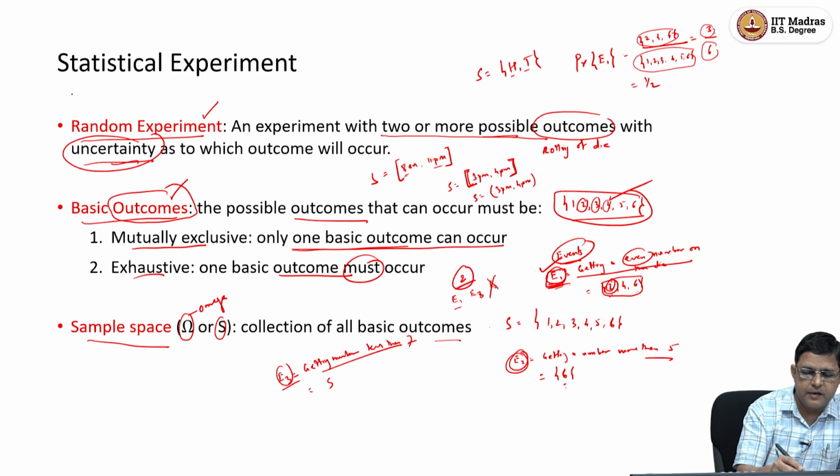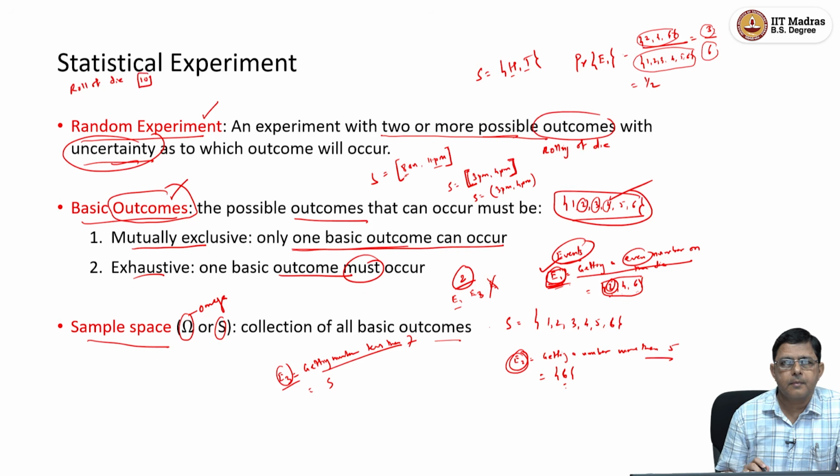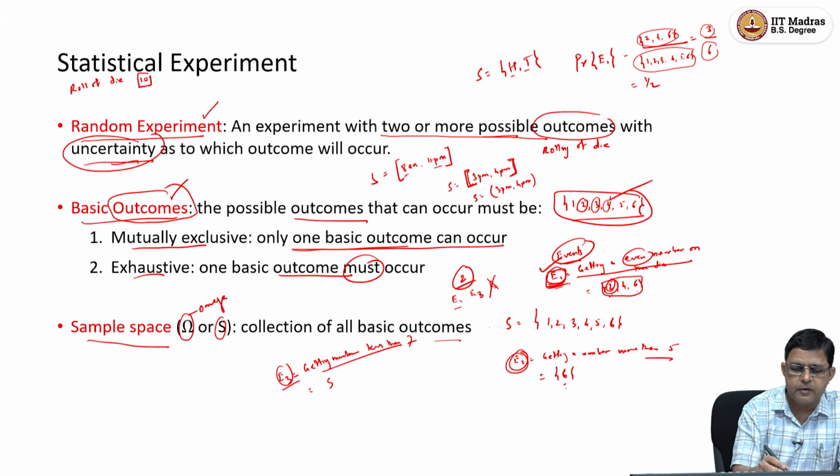The experiment is a roll of a die. I decide to do this experiment 10 times. I keep on rolling the die, and I get 10 outcomes in the 10 iterations of this rolling. I have conducted this experiment 10 times.